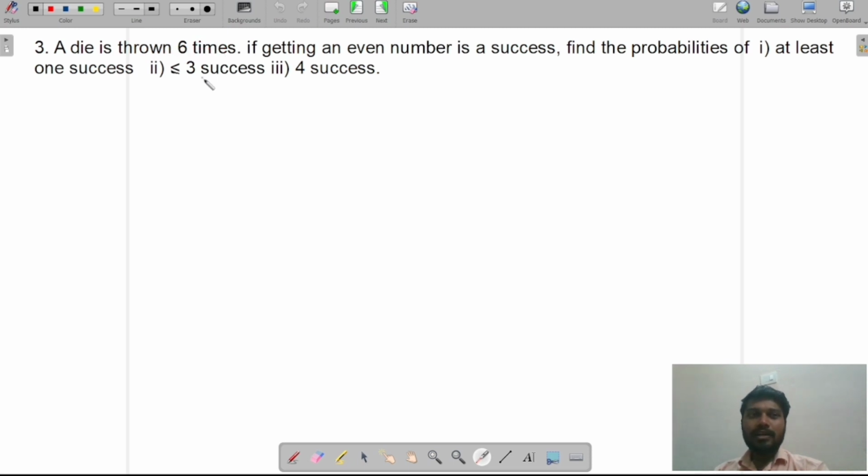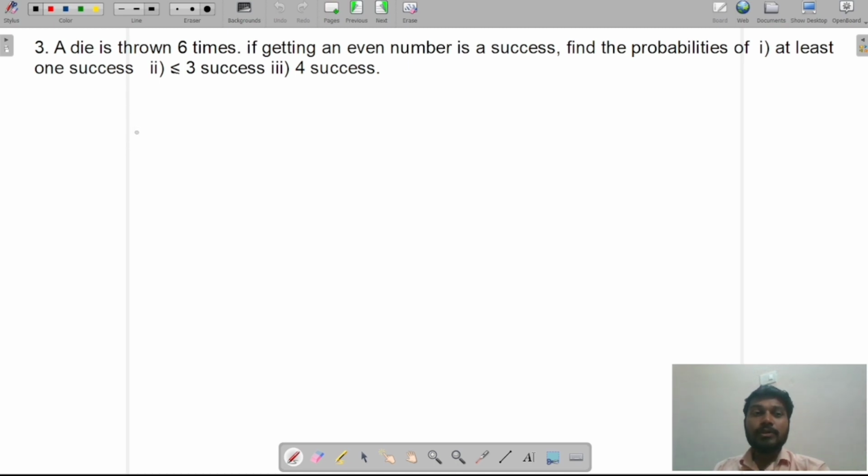So when I'm throwing a die, one die, what are the possible outcomes? There are 6 possible outcomes. A die contains 6 faces: 1, 2, 3, 4, 5, 6.